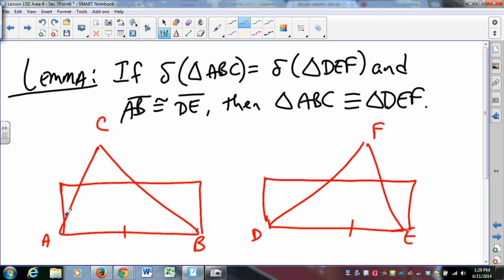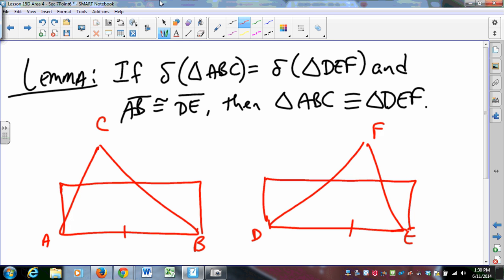But oh my, these are Saccheri quads with congruent summits. And as soon as I have Saccheri quads with congruent summits, then I know that the Saccheri quadrilaterals are congruent. And once the Saccheri quadrilaterals are congruent, then all is well.